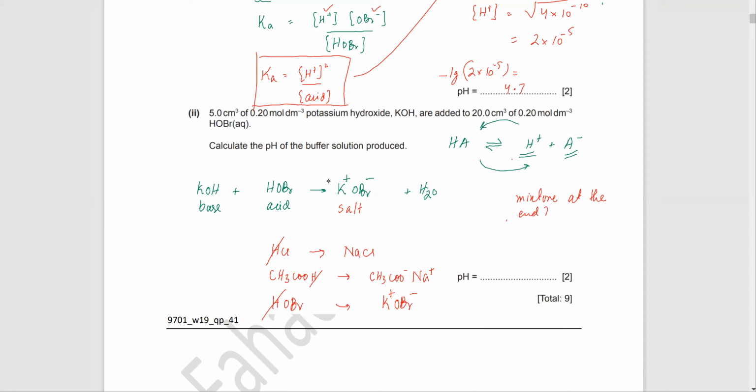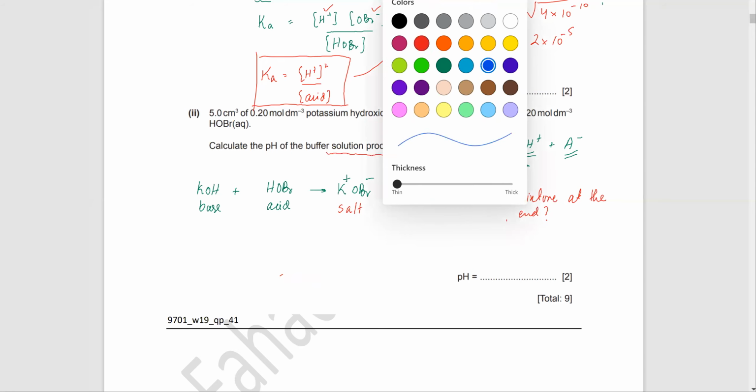Because he's asking for the pH of the solution that is produced, we need to figure out what is actually produced in the reaction.